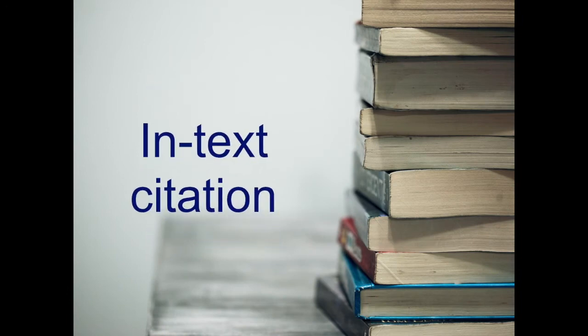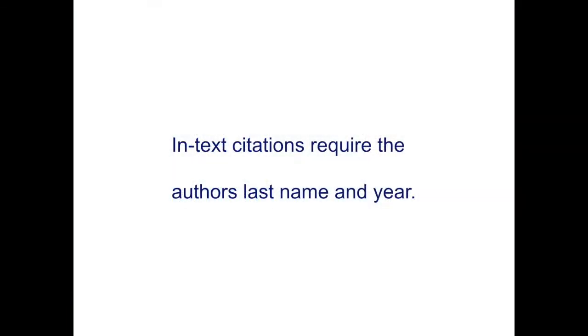Next item to look at is going to be in-text citation. In-text citations require the author's last name and the year. Regardless of what is written in the reference list, i.e. year, month, date, you only need the year when you bring it to the in-text citation.